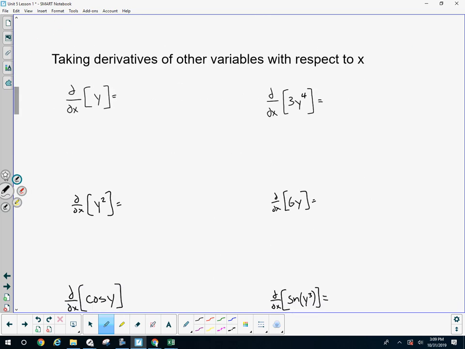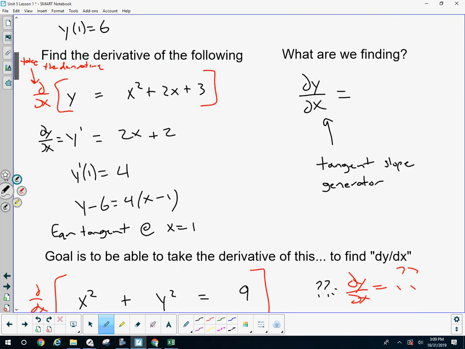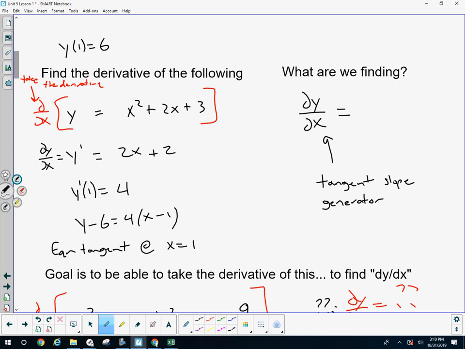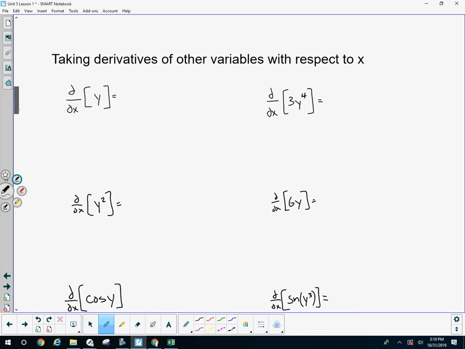Flip. We already talked about the derivative of y. What's the derivative of y? 1. No. Look, up here. We talked about the derivative of y: y prime, or dy dx. We are going to be using dy dx.